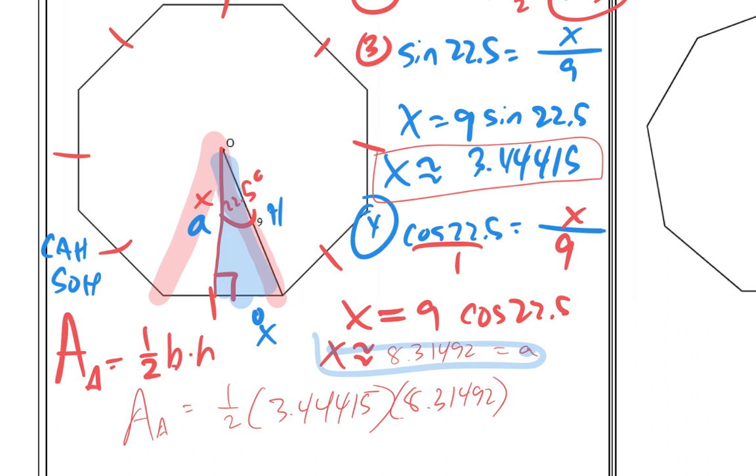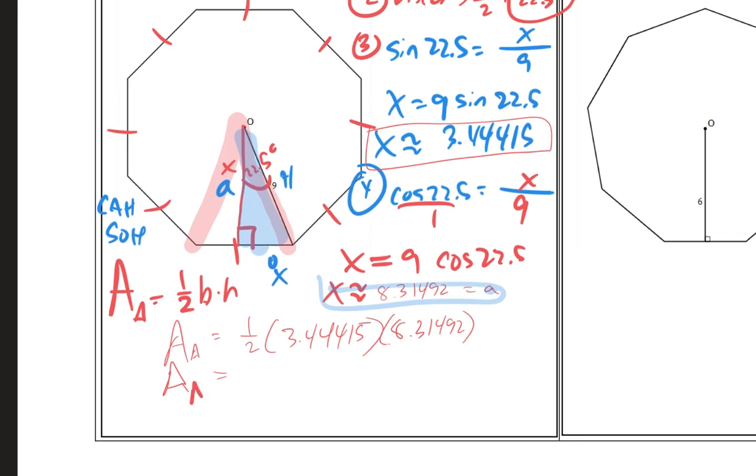the area of the small triangle is going to be equal to 14.31892. Now, I said I'm going to take that and then multiply it times 2 to find this.